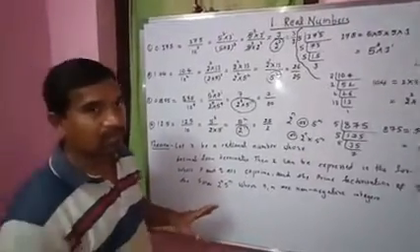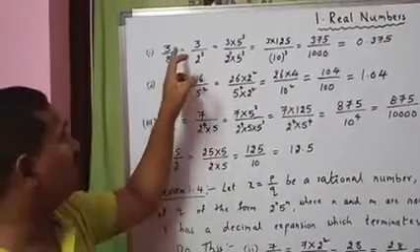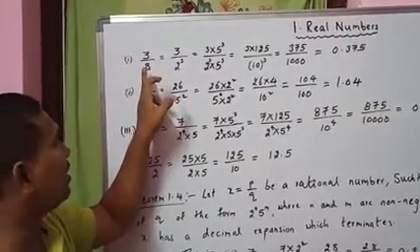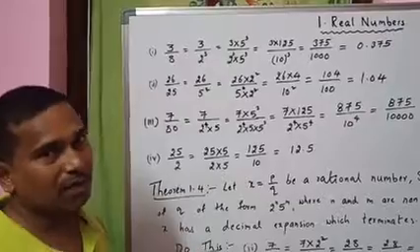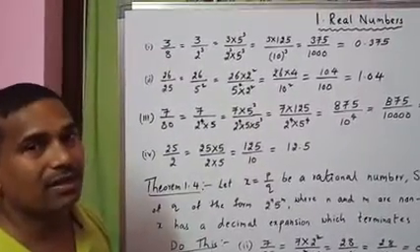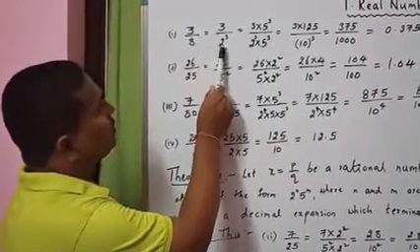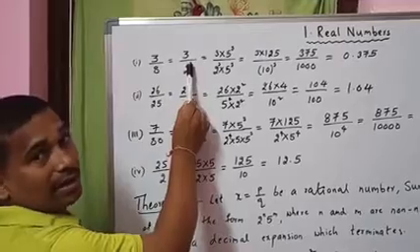Right, students. Now today let us discuss rational numbers in the form p by q, where q after factorization is in the form of 2 power m into 5 power n. Let us see whether those are terminating decimals or non-terminating recurring decimals. So here 8 can be written as 2 power 3, so the denominator is in the form of 2 power n.